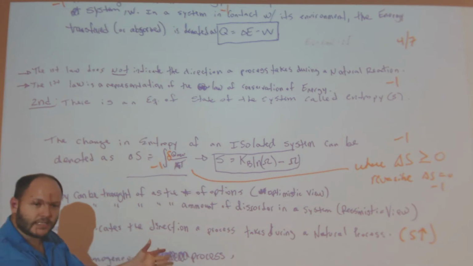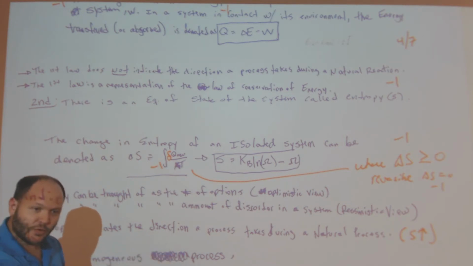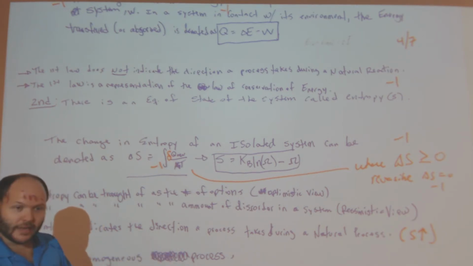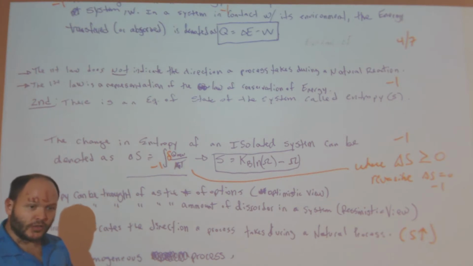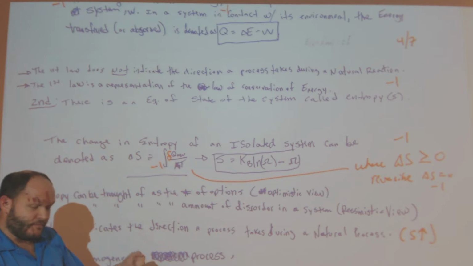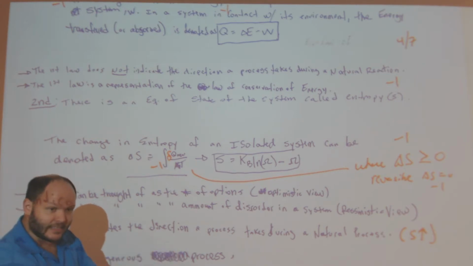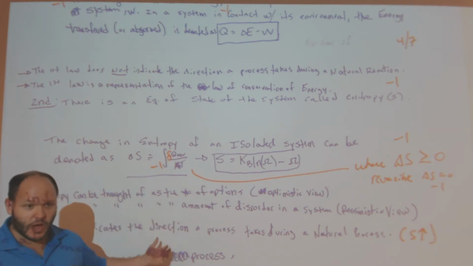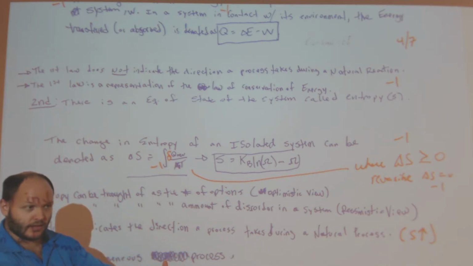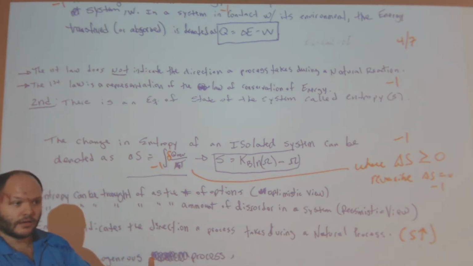Right. I can take a system and I can decrease its entropy. But I have to do work on that to decrease its entropy. But if me and the system are isolated from the surroundings, so there's 2 parts to the system, me and the computer, okay?